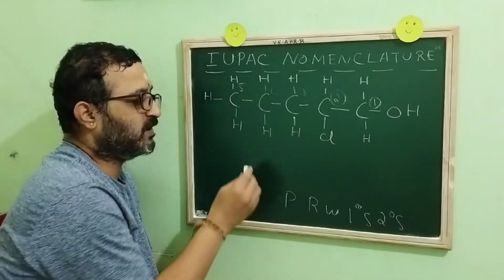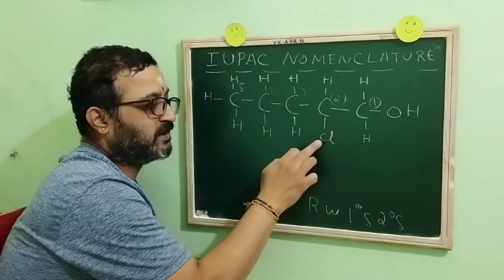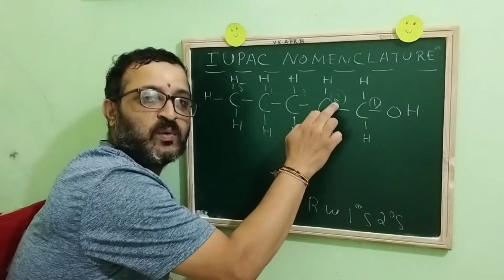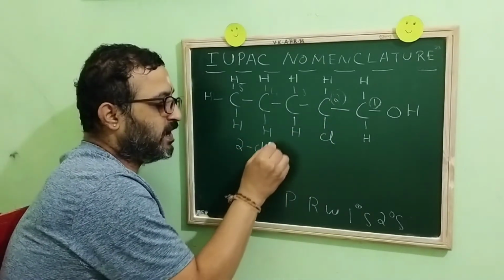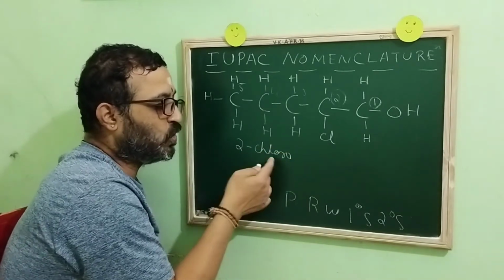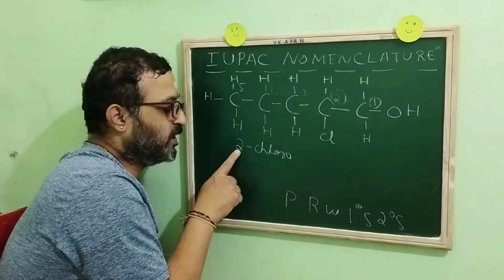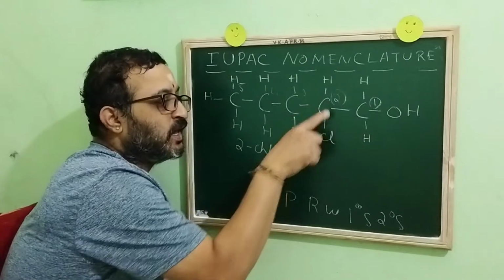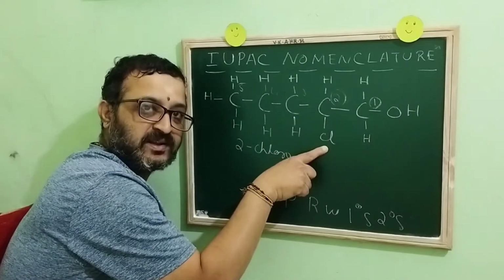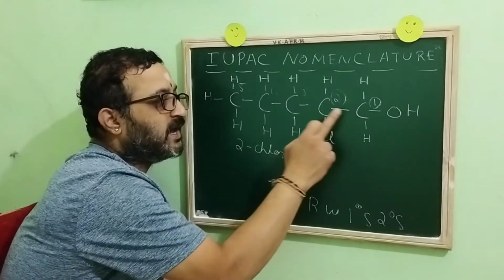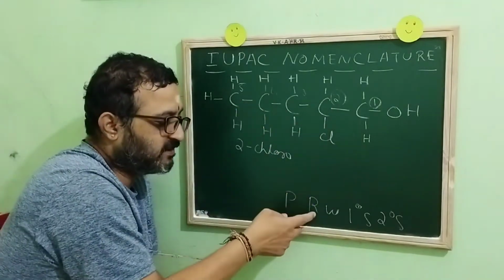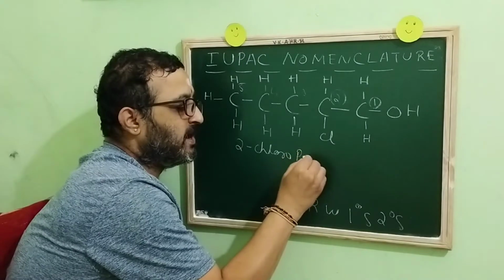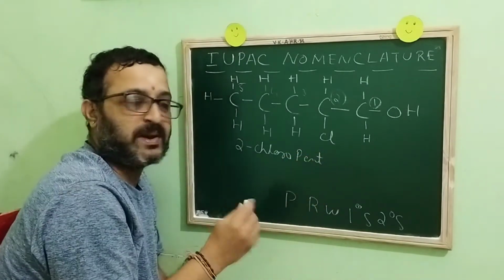So how to name this one? The prefix, that is chloro, is attached to which carbon? Second carbon. So it is 2-chloro. That is, to the second carbon, chloro is attached, right? The compound contains how many carbon atoms? 5. That is the root word, so I will write pent.